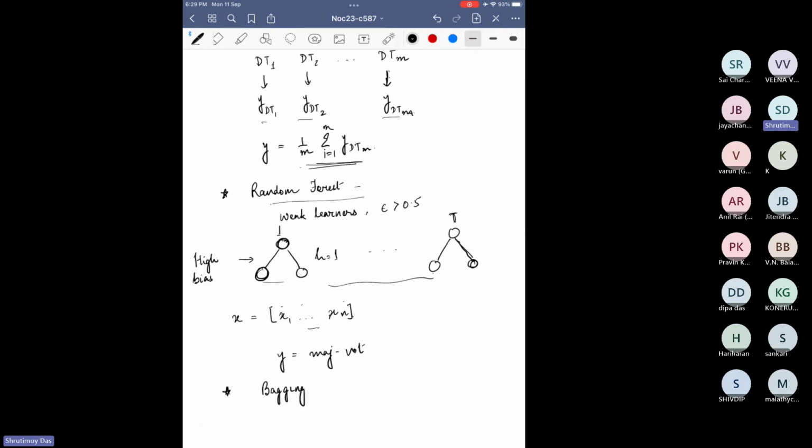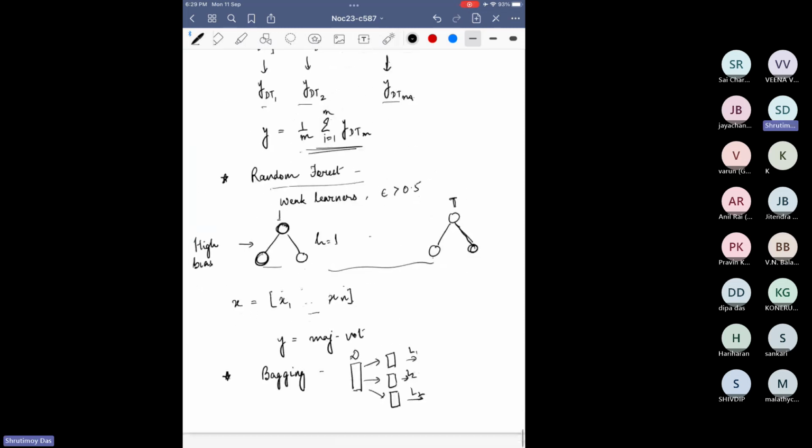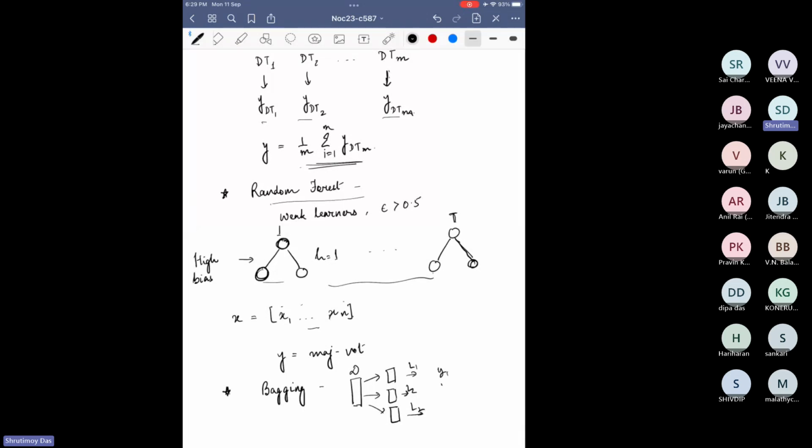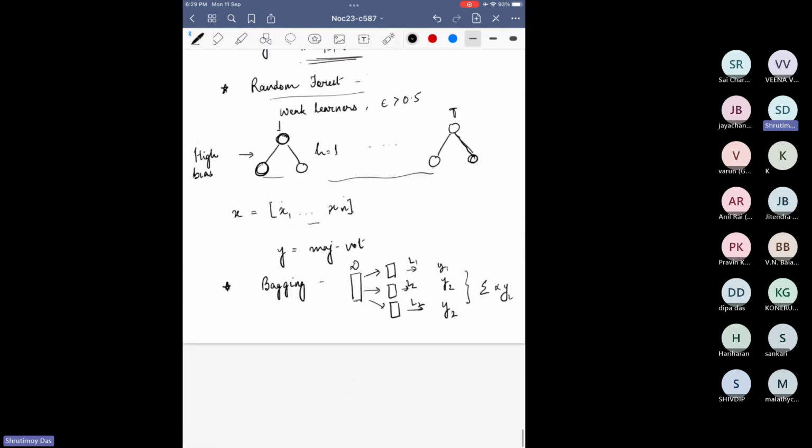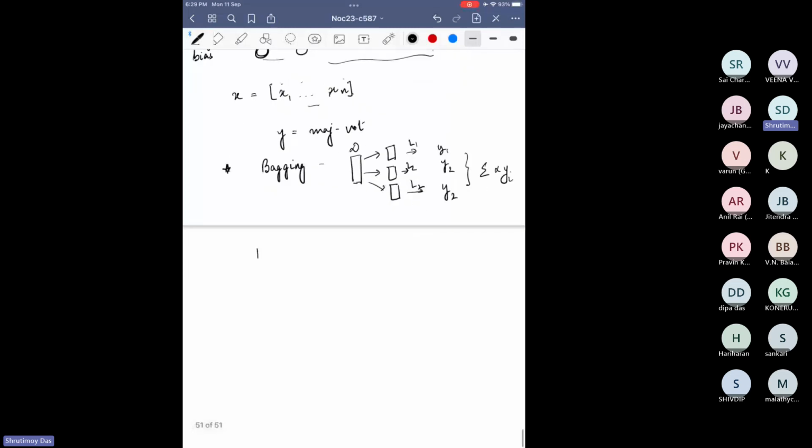Bagging was like we are given some data set D, we create multiple data sets by sampling from D, and we learn using different learners for this. Then once you get your outputs, you do some weighted averaging, some alpha times yi's of this. So we also looked at boosting.